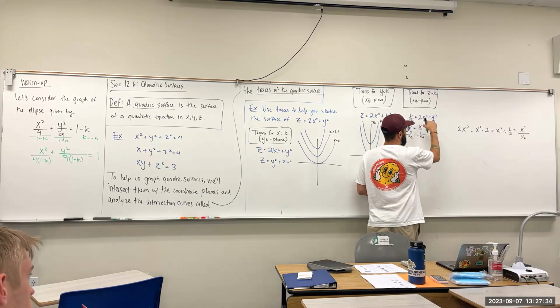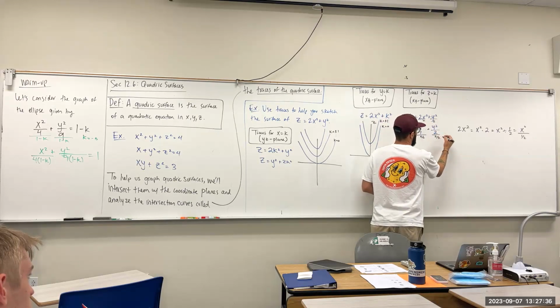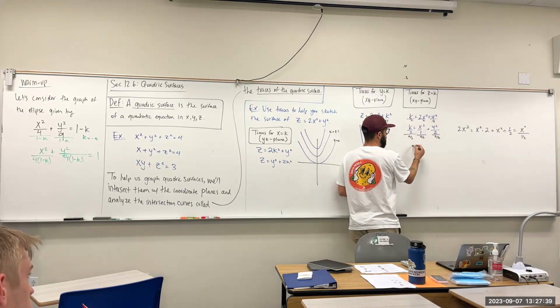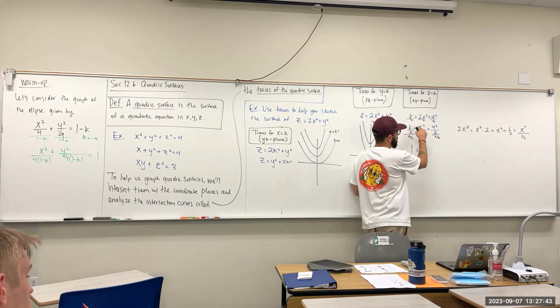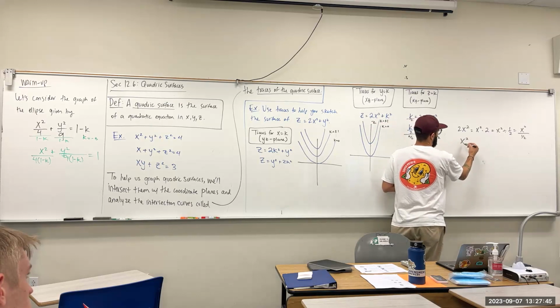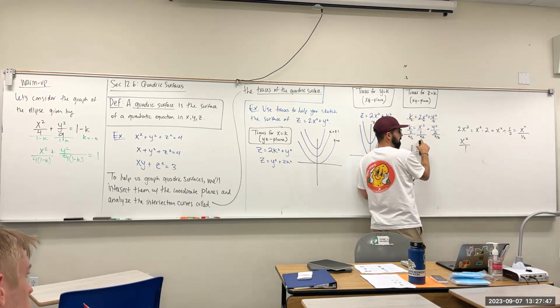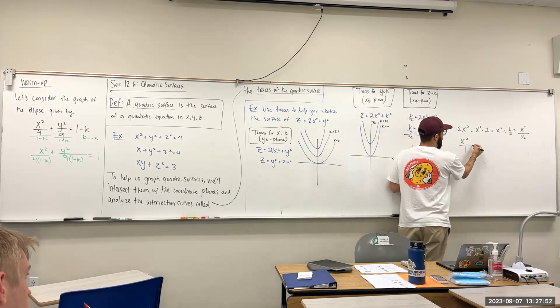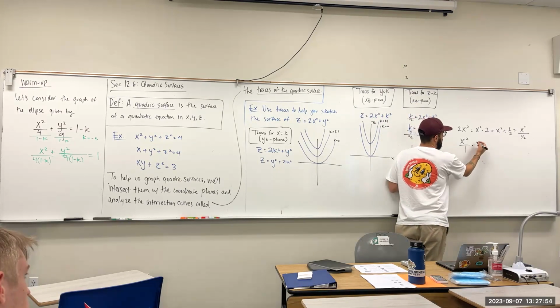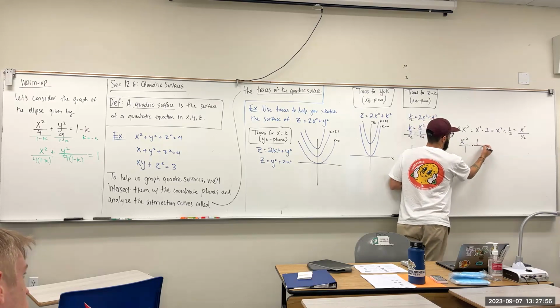That way we don't have to bring anything up there. So this becomes a 1. Here, you've got x squared over 1 divided by k over 2, right? So I'm going to multiply it by this weird reciprocal, which is 1 over k over 2.